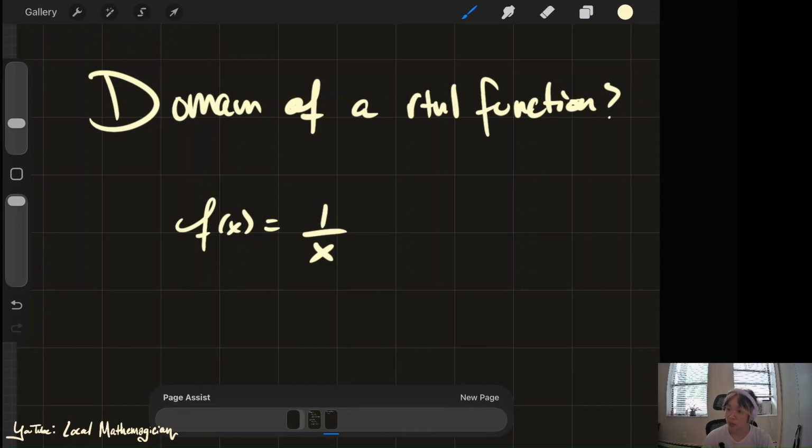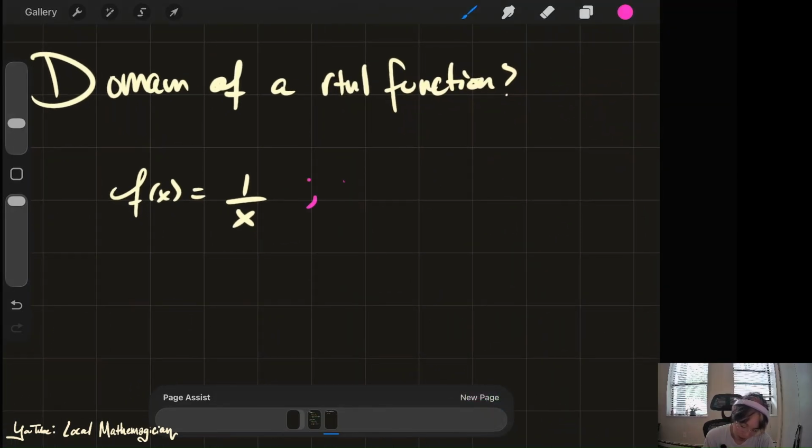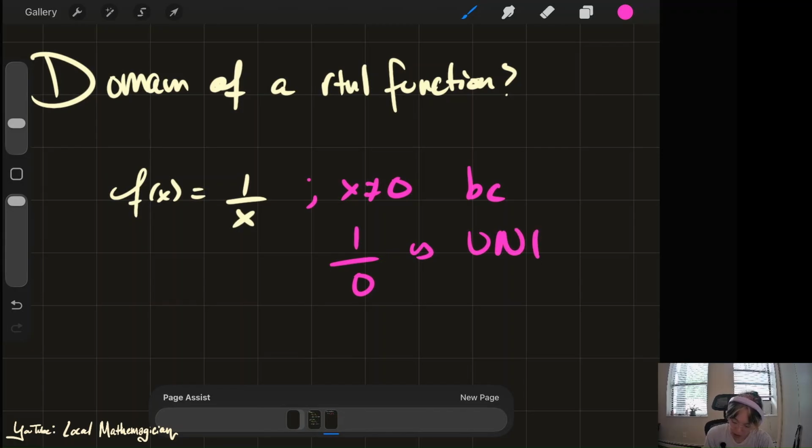Can you have negative numbers? Yes. Positive numbers? Yes. Fractions? Sure, why not? Decimals? Who cares? Can you have x equals 0? No. You cannot have x equals 0 because 1 over 0 is undefined. Does not exist, undefined.